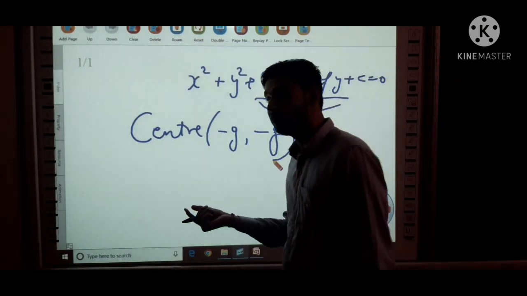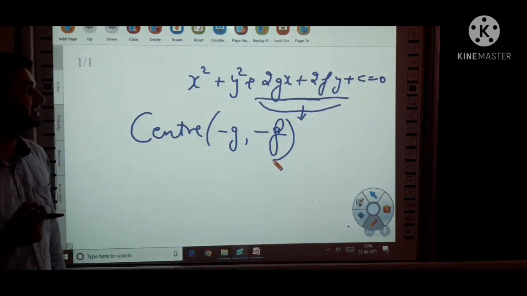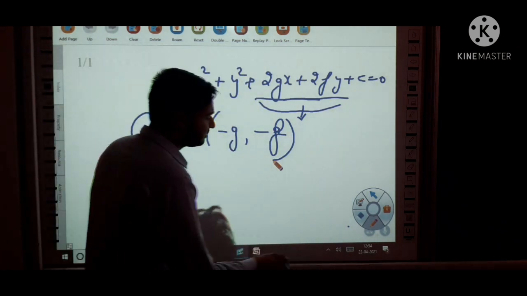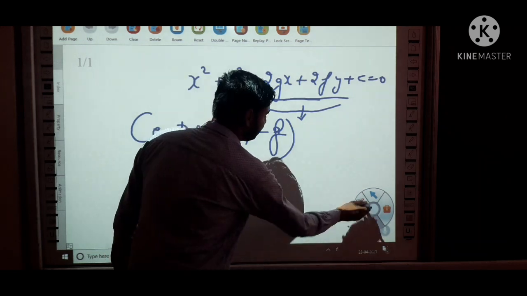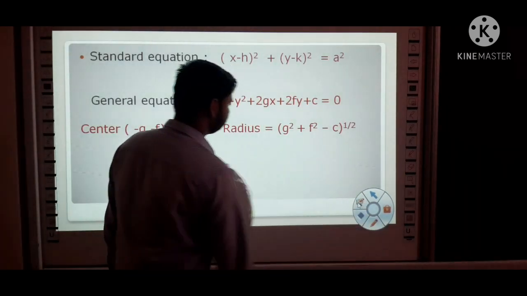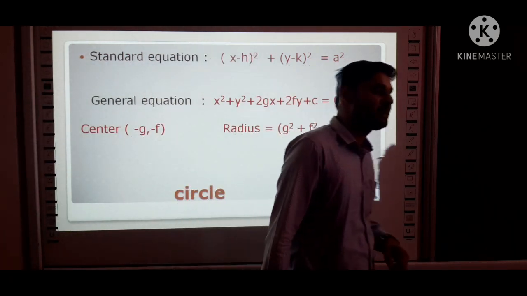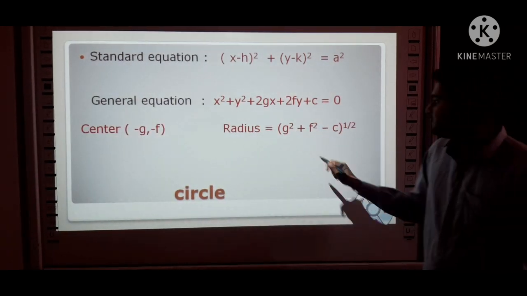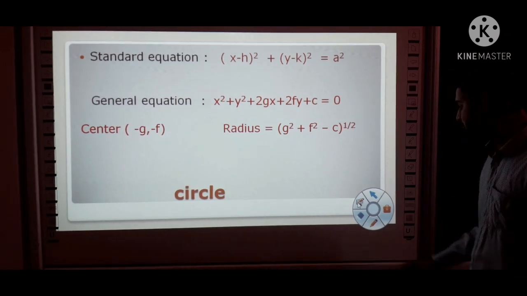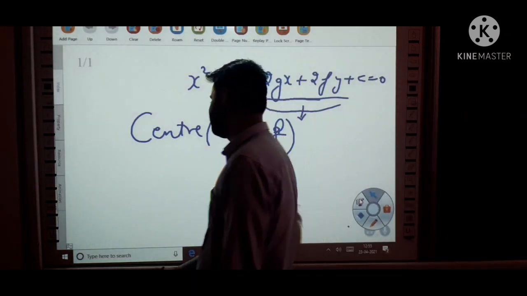Now it's turn to find the radius of that circle. For radius, the radius is equal to g square plus f square minus c raised to power 1 by 2. So what will be the radius?